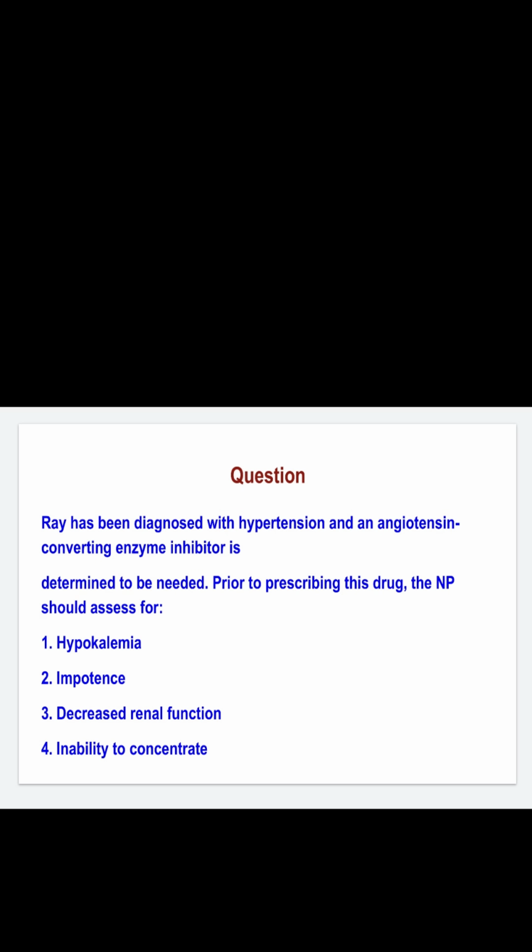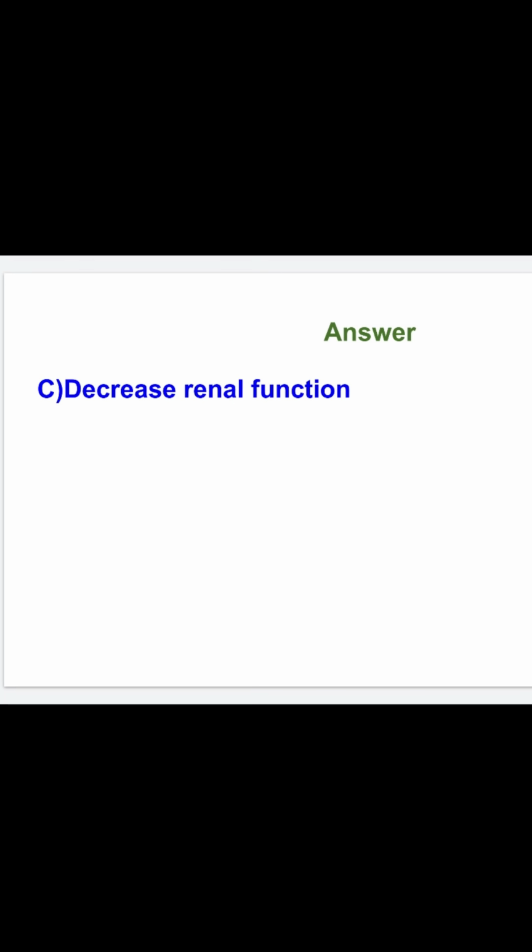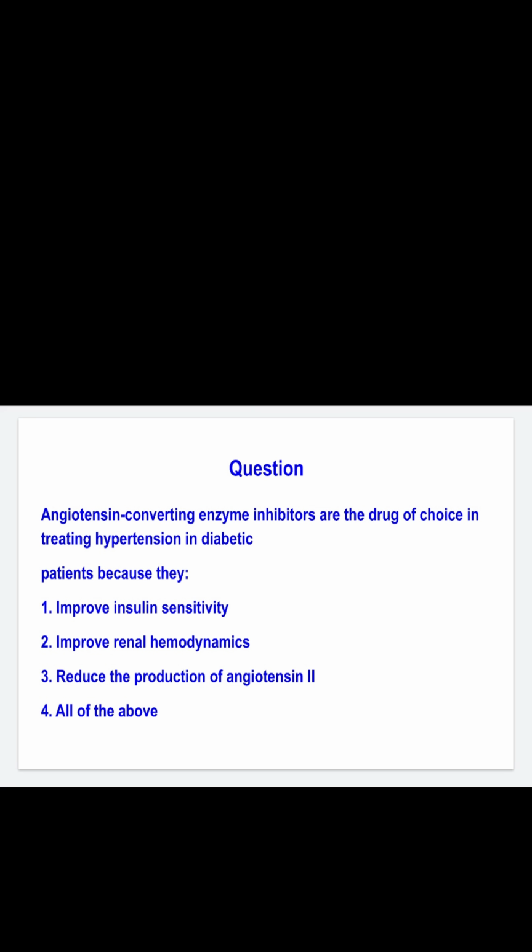The correct answer is decreased renal function. Next one: angiotensin converting enzyme inhibitors are the drug of choice for treating hypertension in diabetic patients because they improve insulin sensitivity, improve renal hemodynamics, and reduce the production of angiotensin 2. So the answer is all of the above.